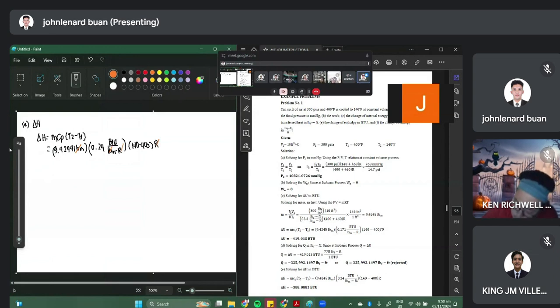What would be the answer? Times 0.24 times 140 minus 400. Alright, so the answer for enthalpy, delta H, is equal to negative 588.0884855 BTU.